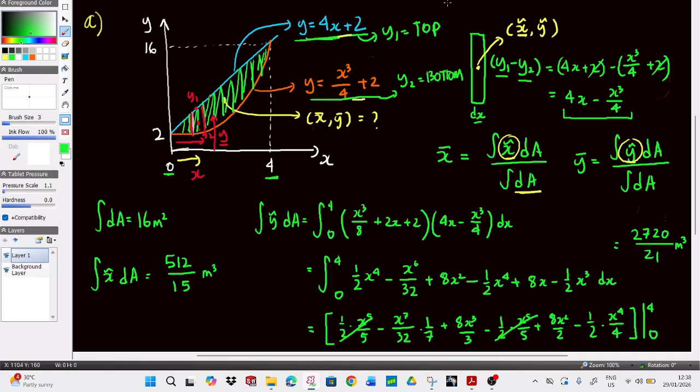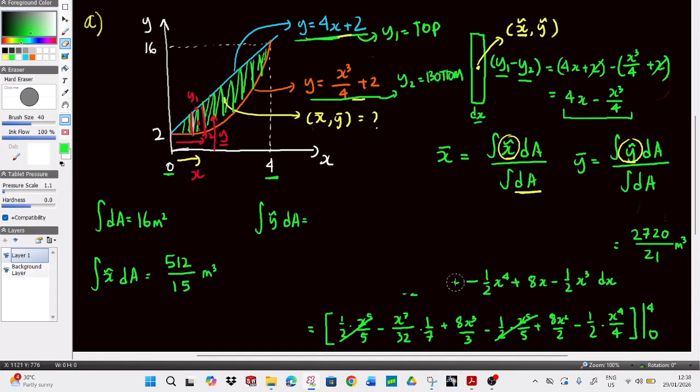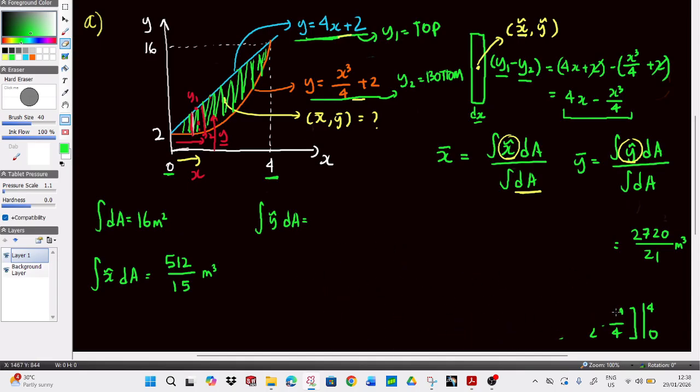So that means our answer for this is already given to us. It is just 2720 over 21 meter cube. Okay, so yeah, 2720, great.